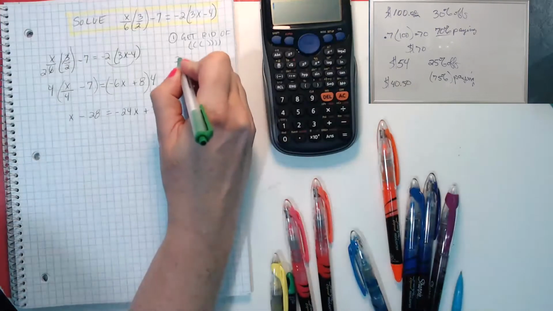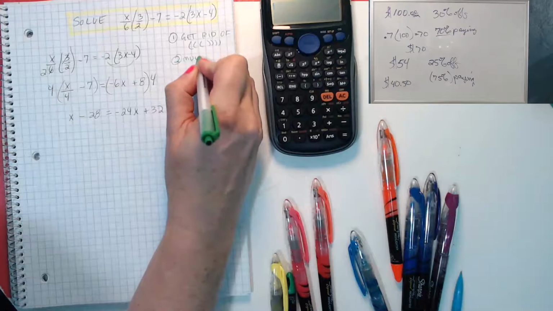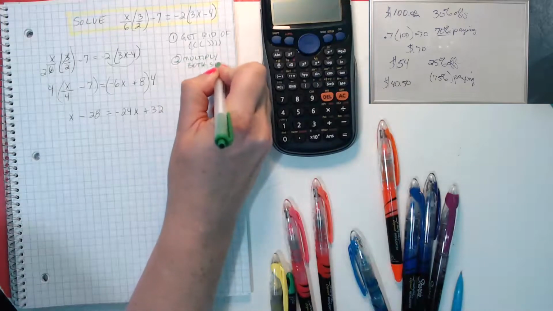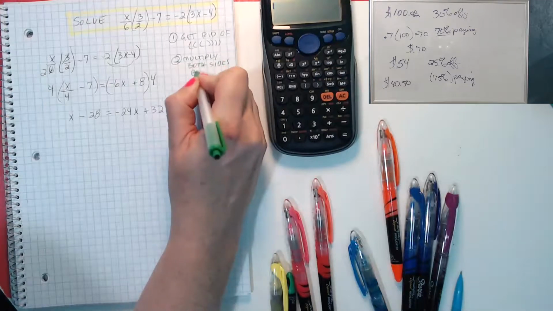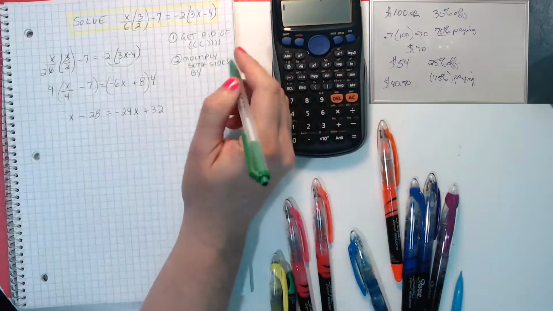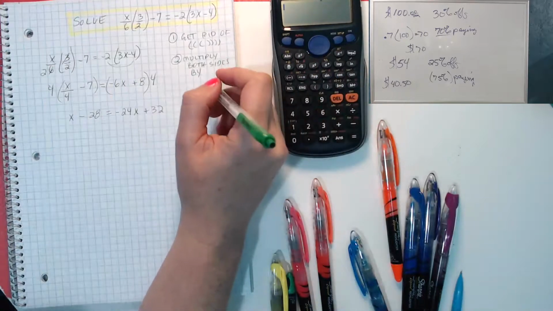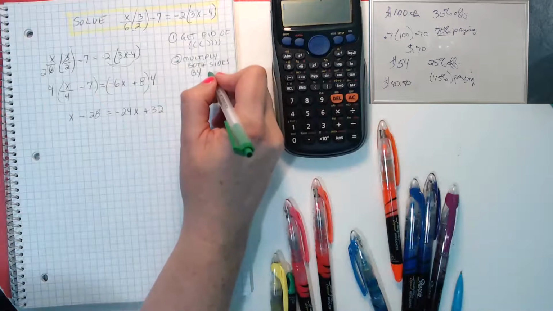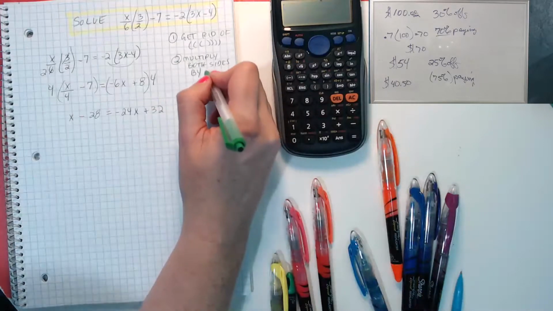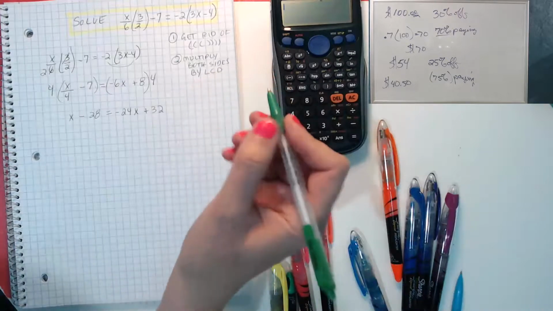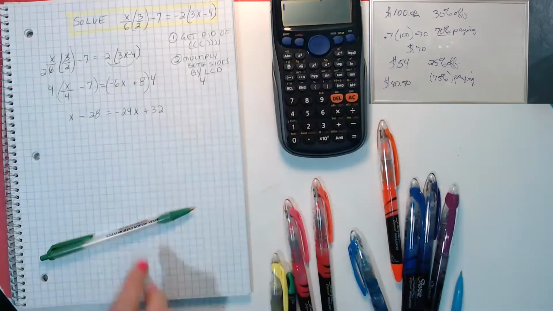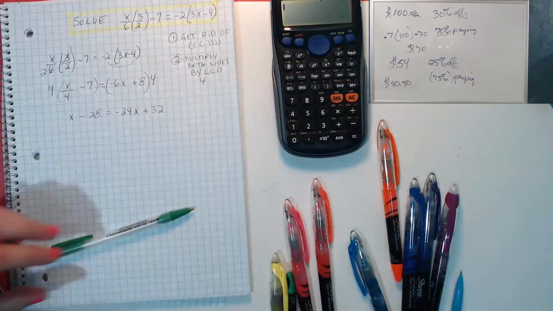So hold on, step 2 was multiply both sides by, would that be the greatest common factor? Or least common denominator? Least common denominator. That's the LCD, correct? Get those confused. Which is 4.